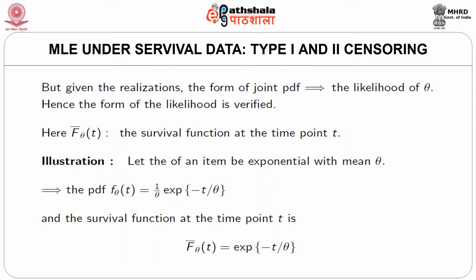Let the lifetime of an item follow an exponential distribution with mean theta. This implies the PDF is f theta t equal to 1 by theta into e to the power minus t by theta, and the survival function at the point t is F bar theta t, that is equal to e to the power minus t by theta.